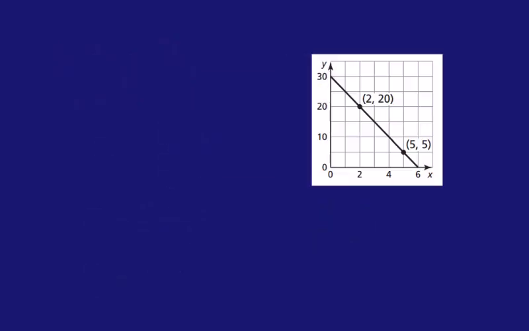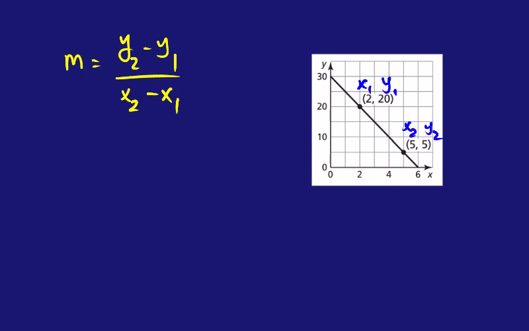All right. We know that the slope formula is m equals y2 minus y1 over x2 minus x1. And so I'm going to call this point x1 and y1, call this x2 and y2.